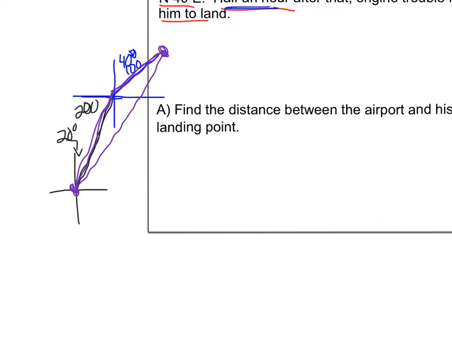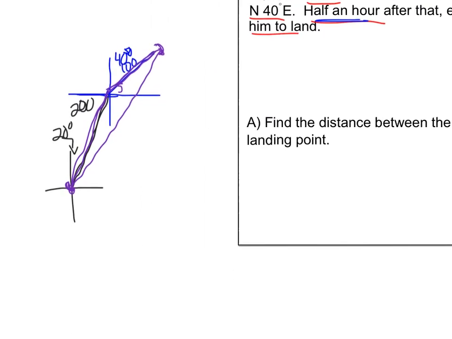Let me clean this up a little bit. So what we've got is this. This is 20 degrees, this is 40 degrees. So if this is 40, that makes this angle in here... Let me zoom in and make this a lot easier.